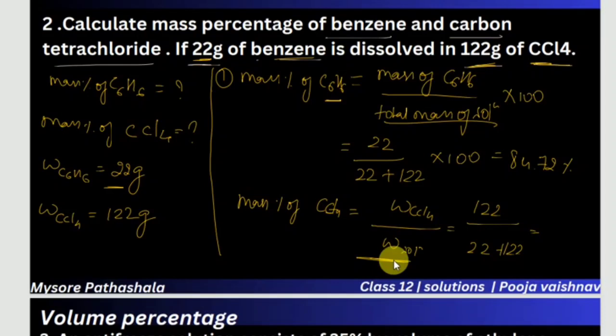For benzene, we got the value 84.72%, and for CCl4 here we are going to get the value 15.28%.